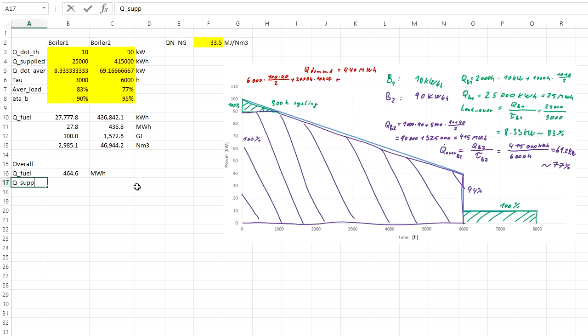The supplied heat, which we also calculated previously as 440 megawatt hours, needs to be also the sum of these two. And now let's have it as megawatt hours.